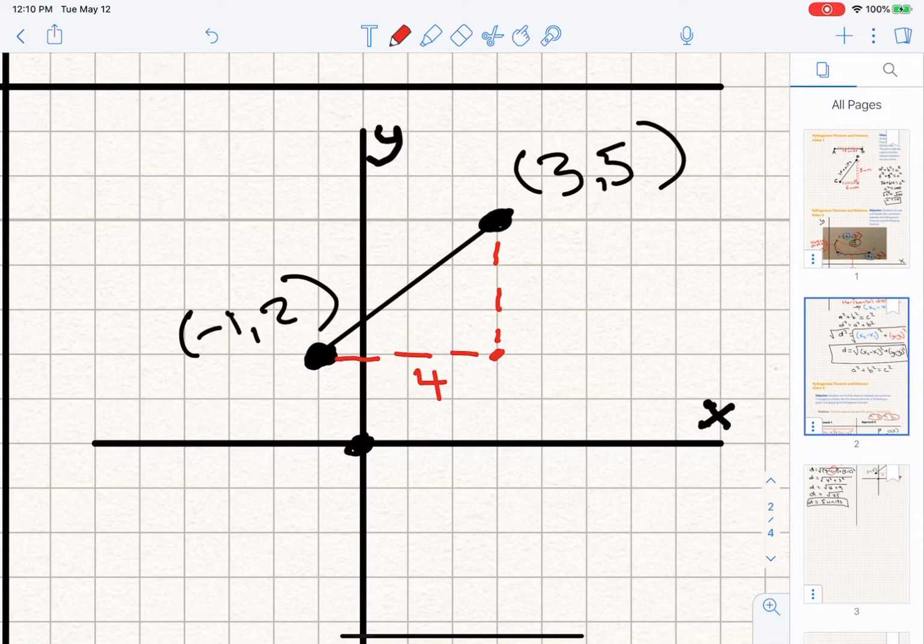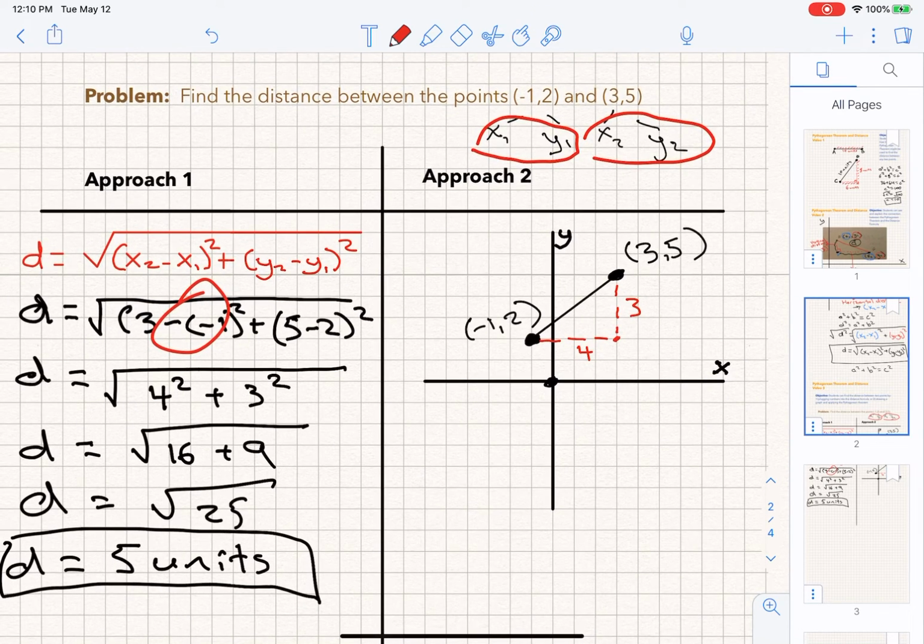The vertical distance between 5 and 2 is 3. Yeah? And you'll notice, right, that these numbers show up in the other approach too. They ought to, because we're leading the same direction, that this 4 and this 4, same thing, horizontal distance. This 3 and this 3, same thing, vertical distance.